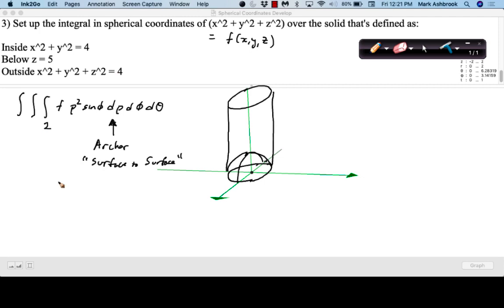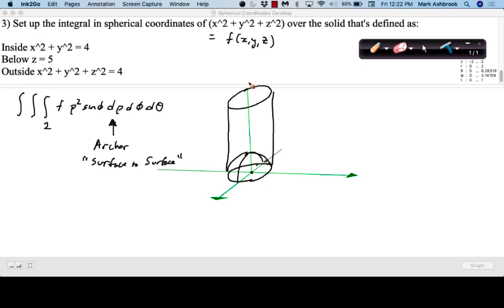And then where does the arrow leave the solid? What surface? Z equals 5? Sometimes leaving out of the right side. Okay, so for low values of phi, do you see that the arrow leaves through z equals 5, when phi values are low, near the z-axis.